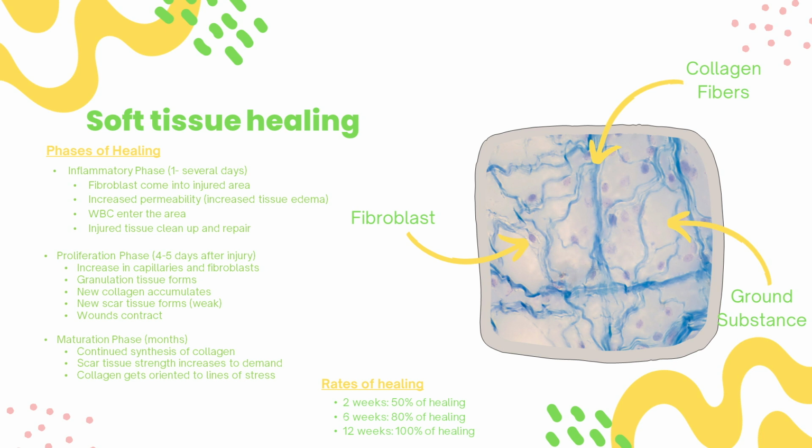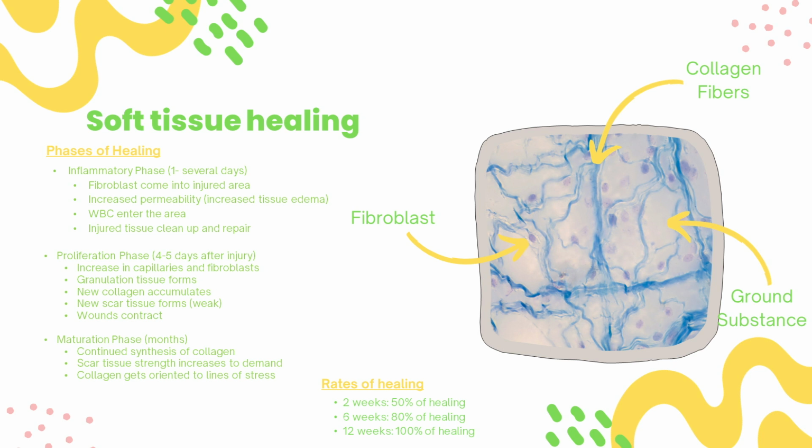So we're really talking here about more of the muscle, ligaments, fascia, those soft tissue structures that are a little bit more linear type structures. So when we go into the phases of healing, there's typically 3 phases of healing. We have our inflammatory phase, our proliferative phase, and then our maturation phase.